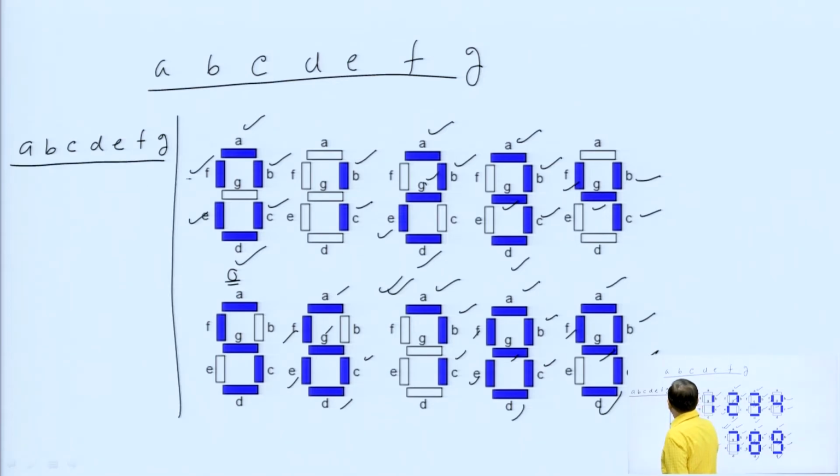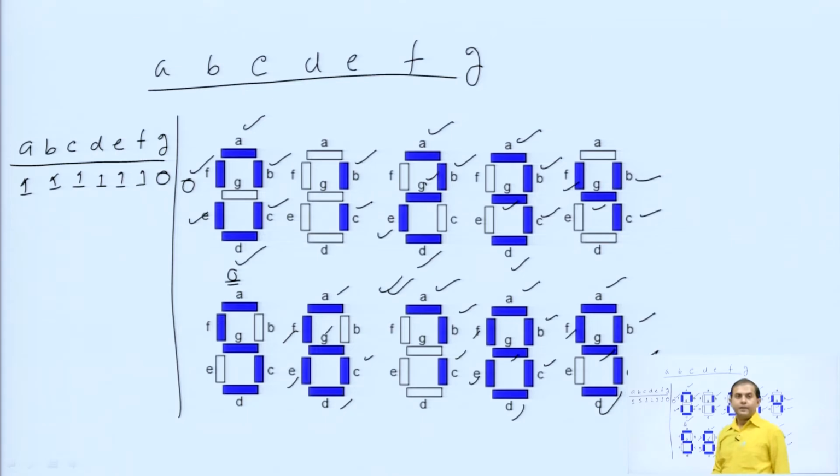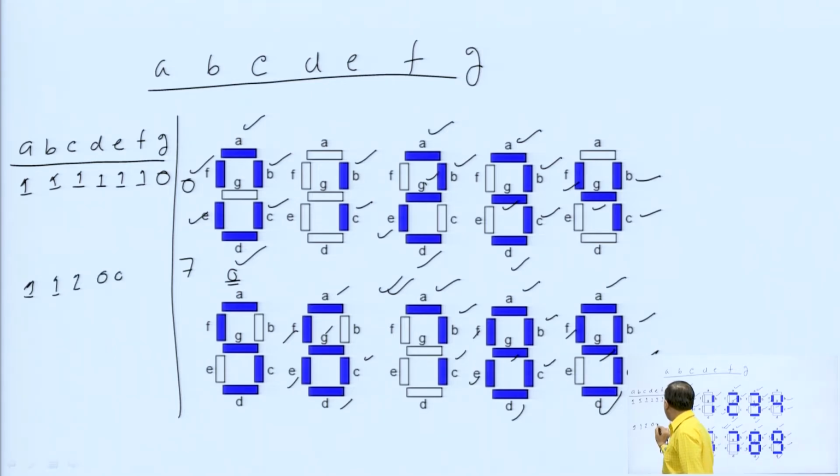So, to display 0, we will be having A is 1, B is 1, C is 1, D is 1, E will be 1, F will be 1, only G will be 0, right. Again for 7, if I am going to write 7, so for 7 A, B and C will be 1, rest will be 0, right.